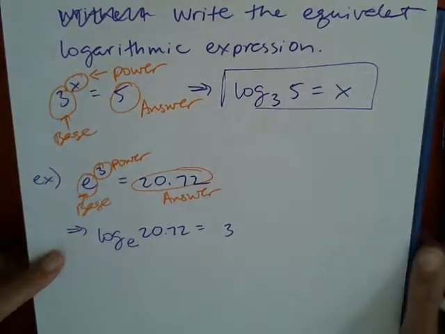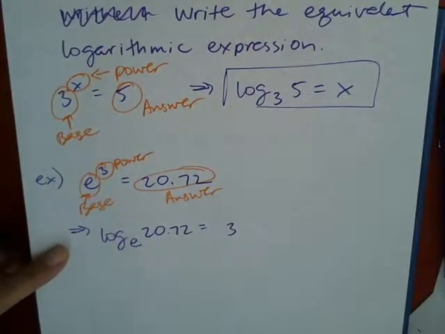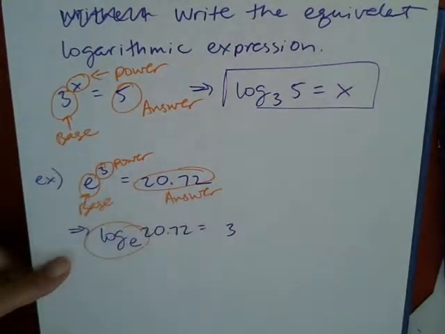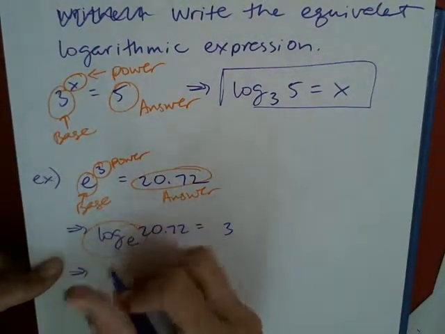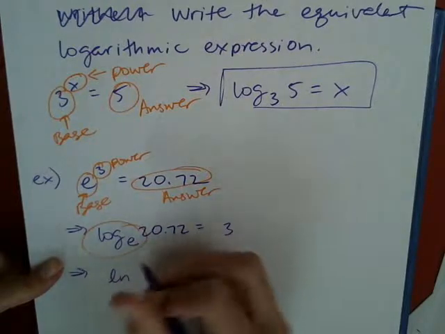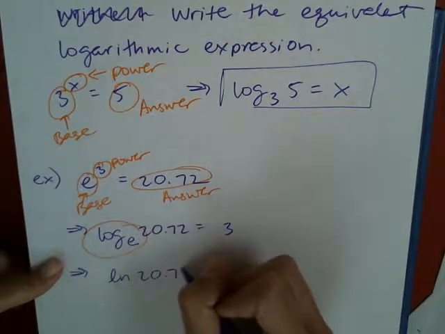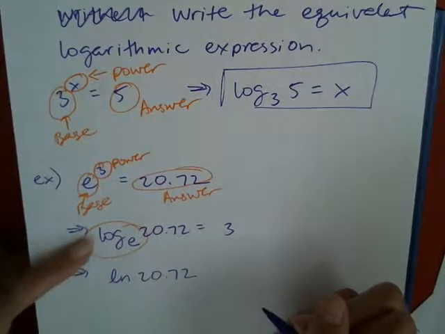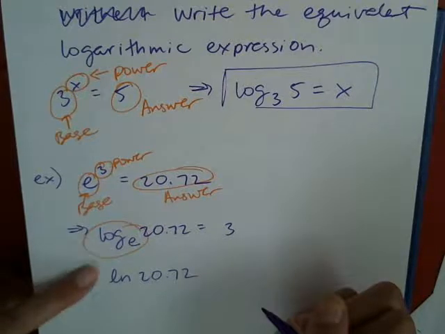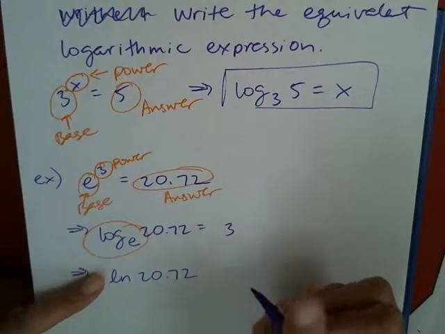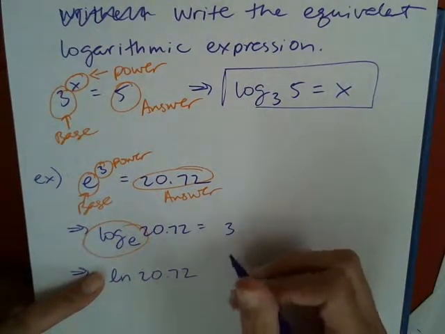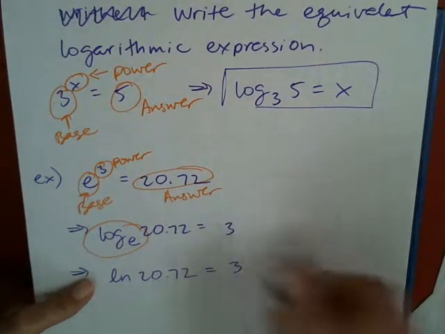But I've got one more step here. Because I have log base e, which has a special name, I can change that into the natural logarithm. So I write ln 20.72. So the log base e isn't simplified form. The ln is the simplified form. So ln 20.72 is equal to 3.